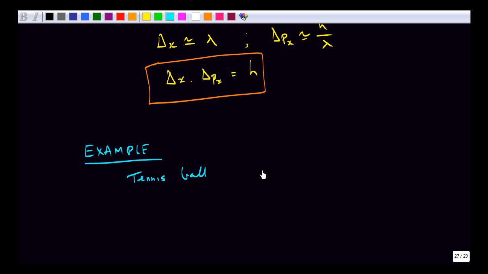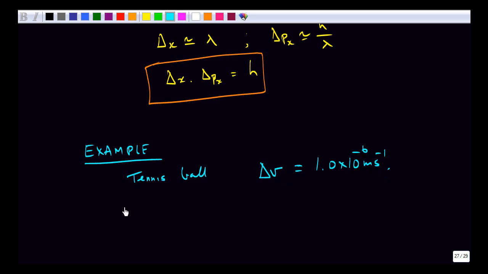So let's suppose now in this case we could measure the velocity of the tennis ball. So this is the precision with which we measure the velocity of the tennis ball, and let's suppose that that's equal to 1.0 × 10^-6 m s^-1.